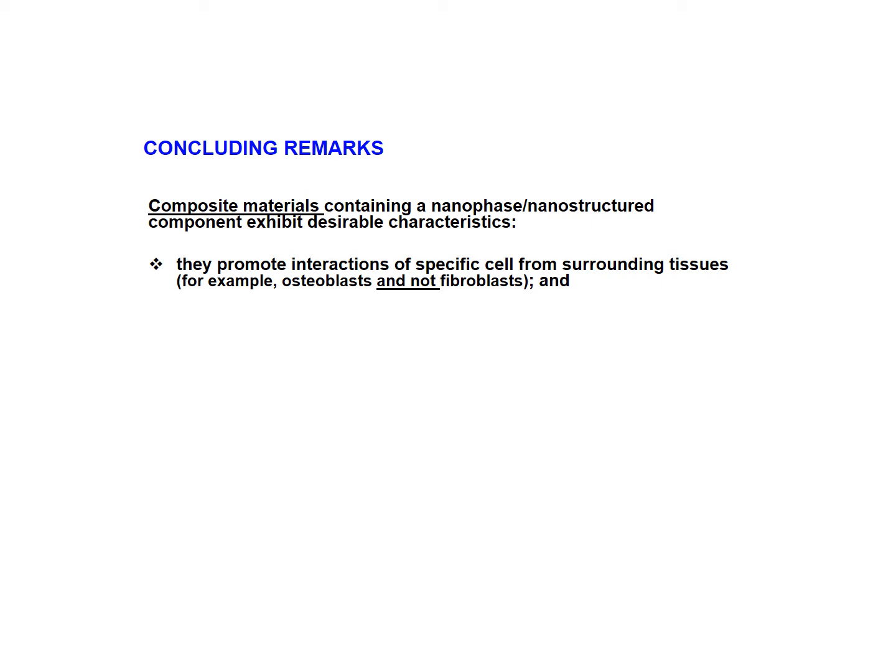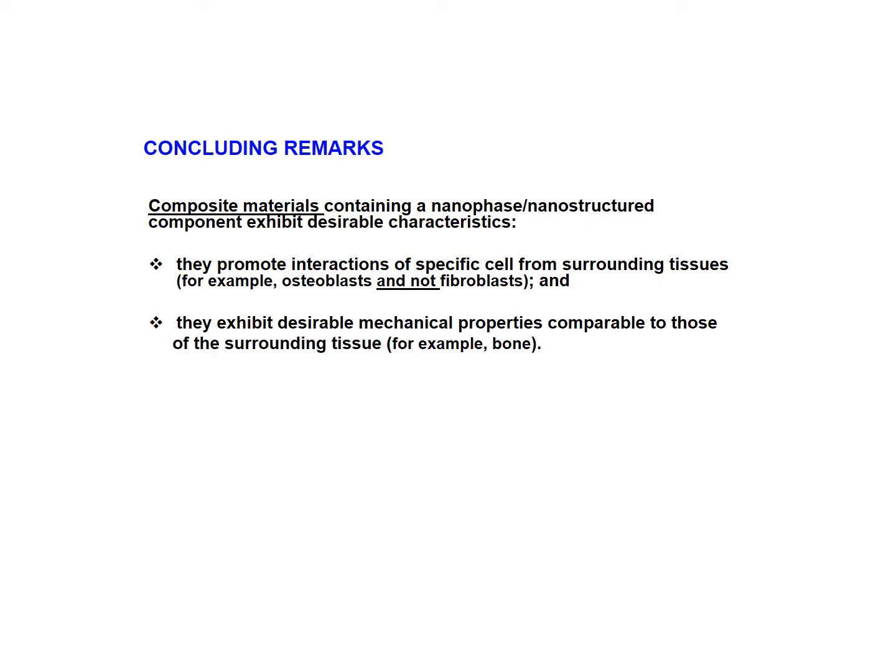The example that I illustrated is the select interaction of osteoblasts but not of fibroblasts. And in addition, these composites exhibit desirable mechanical properties when compared to those of the surrounding tissues. For example, in this particular case, bone.